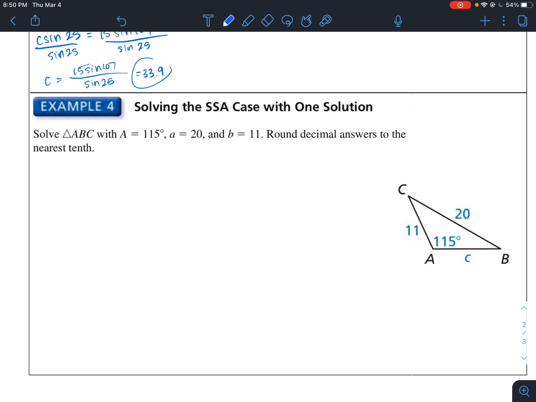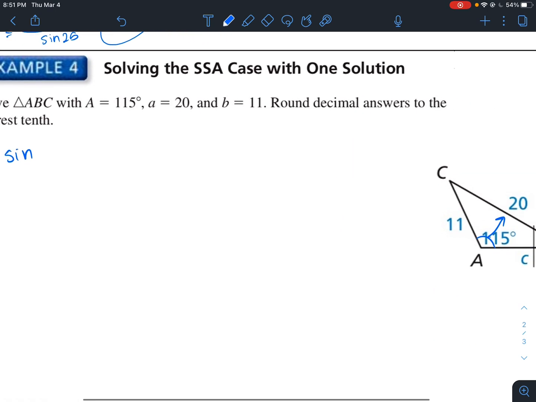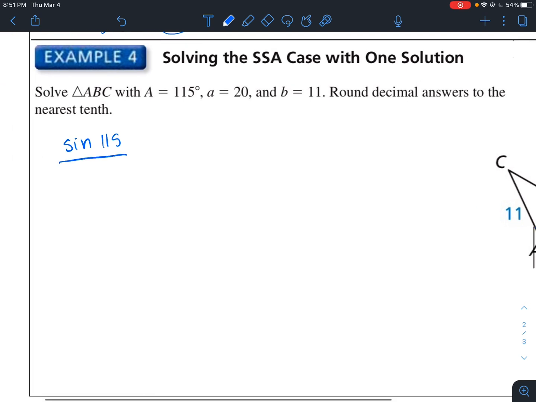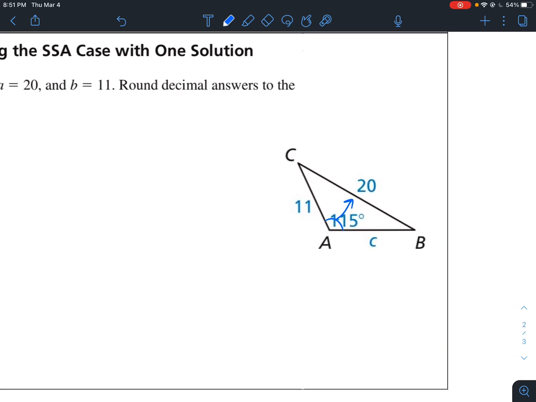So I know angle A and the side opposite from it. Let's start there. I know sine of 115 divided by 20 is equal to a ratio. It could be sine of B over side length B, or sine of C divided by side length C. First of all, we have to solve for one of the angles.